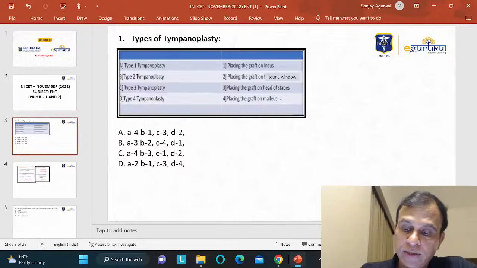So this will be type 1, this will be type 2, this will be type 3, and this will be type 4.